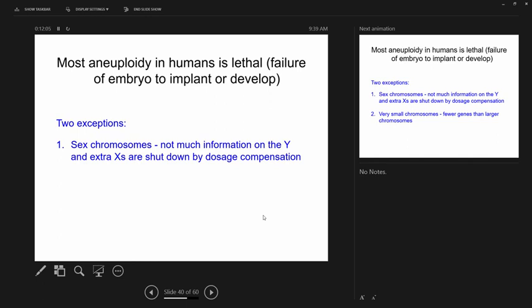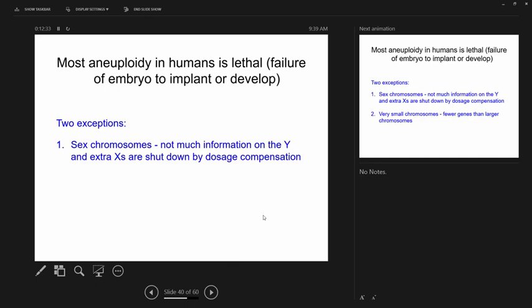And although the X chromosome has many genes that are useful and in fact are required for development, so you die if you don't have an X chromosome very early on. Extra X's are shut down by dosage compensation that we talked about. And so the rule is not that one X gets shut down so the other X can be active in females.